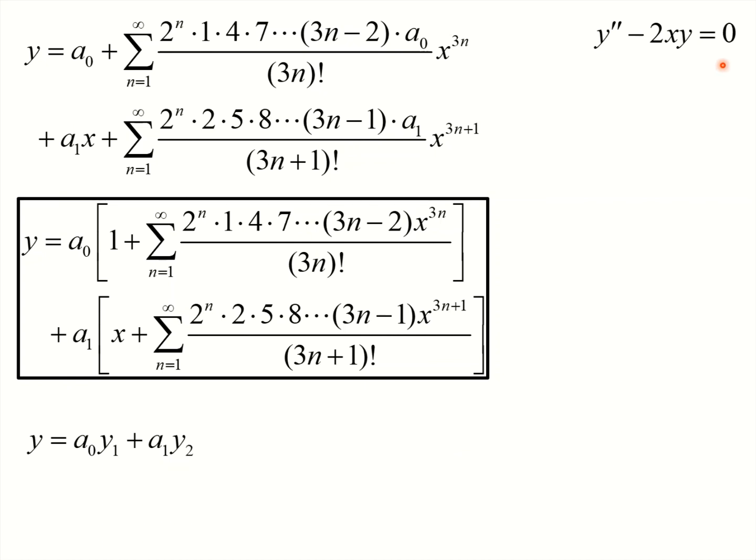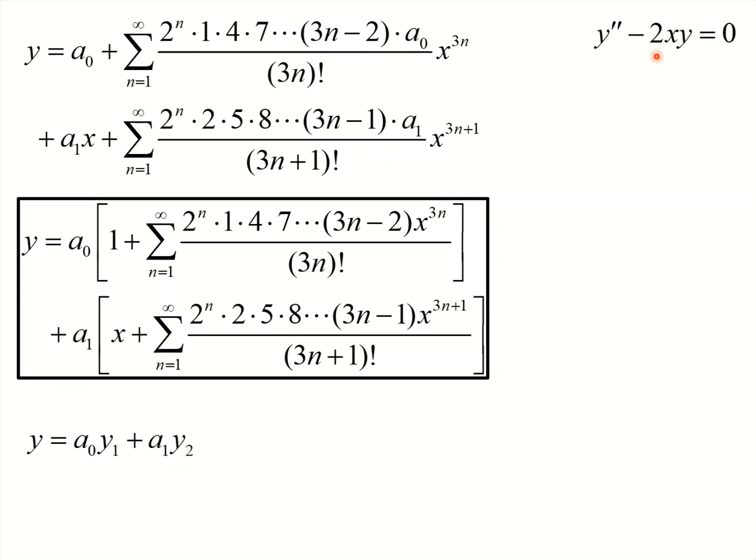So we have this differential equation, y double prime minus 2xy equals 0. We have these things in front of the y double prime, y prime. There's no y prime here, but you have some functions like negative 2x. These are called analytic at x equals a if they can be written as convergent power series centered at x equals a with a non-zero radius of convergence.